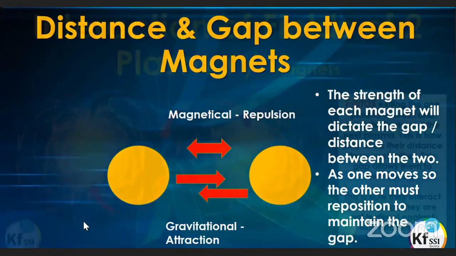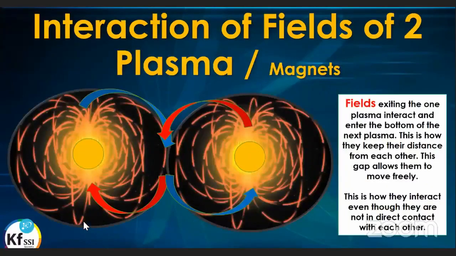And when we look at the interaction of the fields between the 2 magnets, or 2 plasmas, as referred to, the fields exiting the one interact and enter the bottom of the next plasma, and this is how they keep their distance from each other and keep that gap.